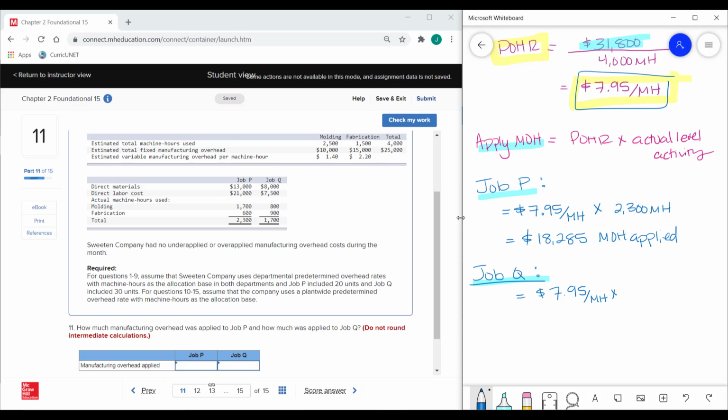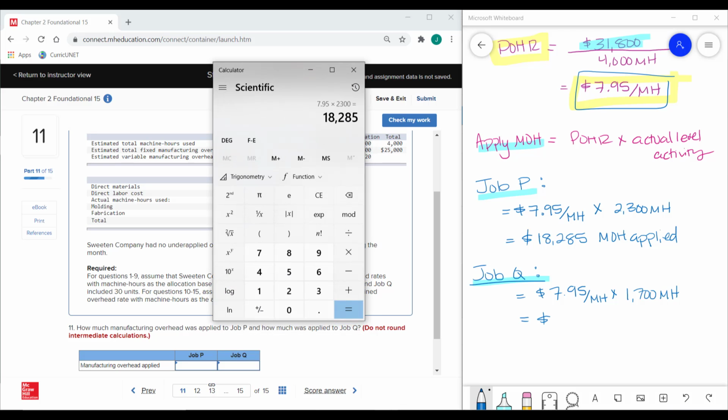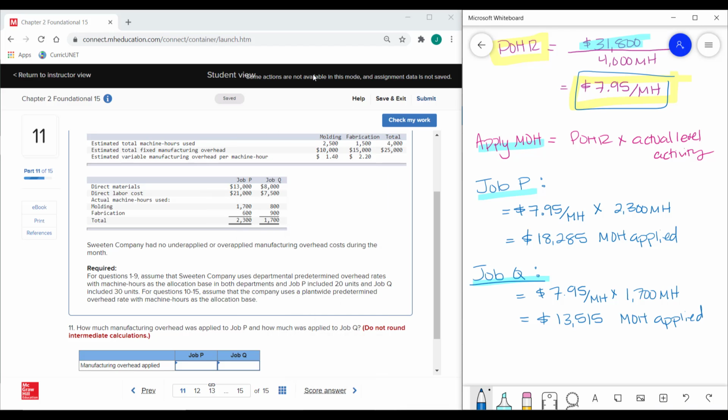And that's 1,700 machine hours according to our chart here, because job Q used 800 machine hours within the molding department and then 900 machine hours within the fabrication department. So we'll do $7.95 times 1,700 machine hours, and that's $13,515 of manufacturing overhead applied to job Q. Very good.